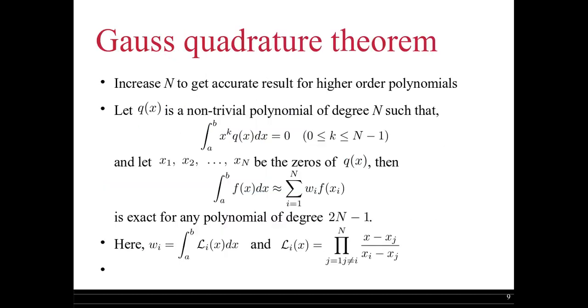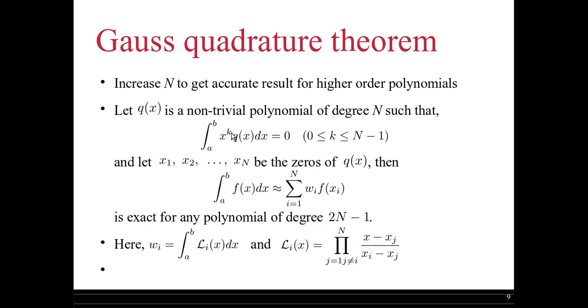Okay, now I go to the Gauss-Quadrature theorem. As I am saying, if you increase n, then these equations will be highly nonlinear, and it will be difficult to solve. So now I'm just stating this theorem: let q(x) be a non-trivial polynomial of degree N, such that the integration over a to b of x to the power k times q(x) dx is equal to 0, where k can be from 0 to n minus 1.